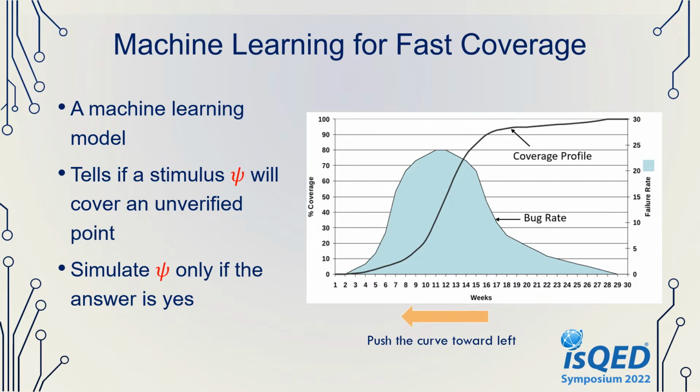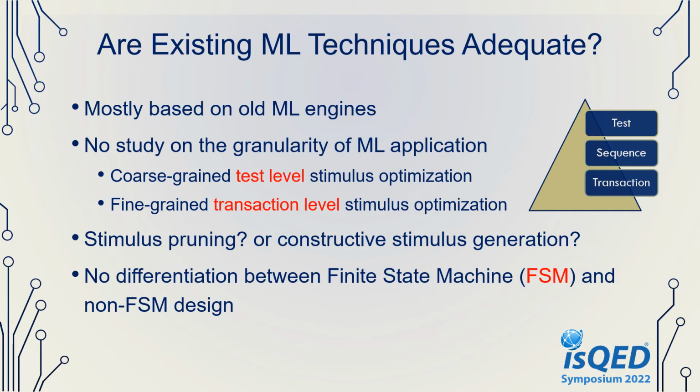Then we simulate this stimulus only when the answer is yes. If the answer is no, we will prune this stimulus from simulation because it won't improve the coverage. By doing this pruning, we can save the verification time.